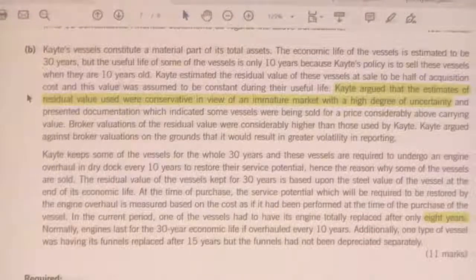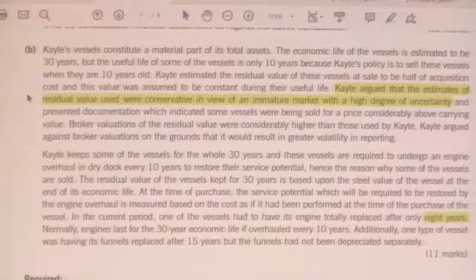Kite argues that the estimated residual values used were conservative in view of an immature market with a higher degree of uncertainty. They presented documentation which indicates some vessels were being sold for prices considerably above the carrying value.